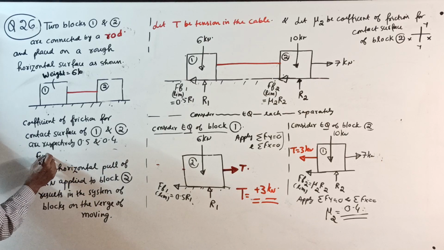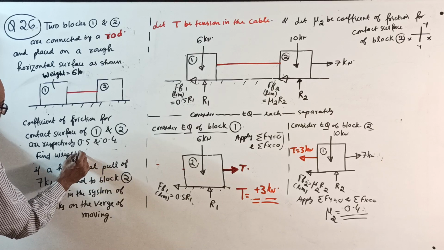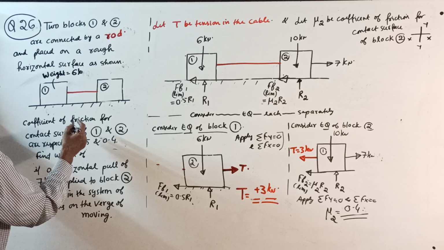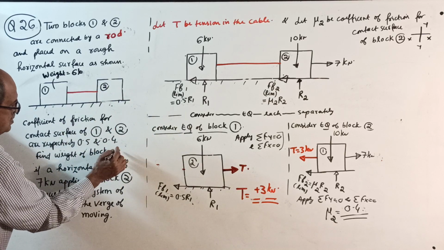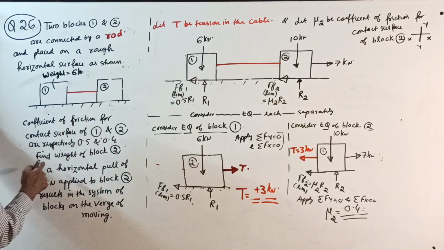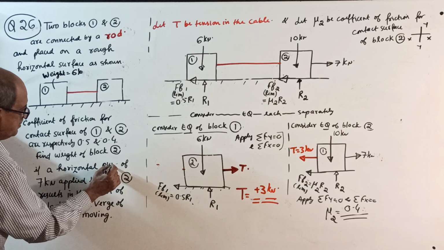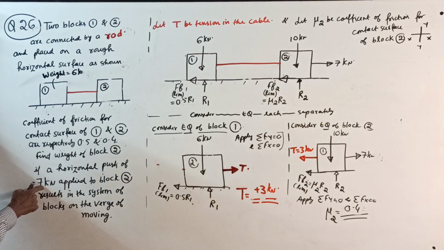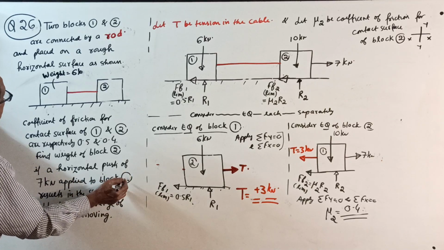Then find the weight of block 2 if a horizontal push of 7 kilonewton is applied to block, which one?